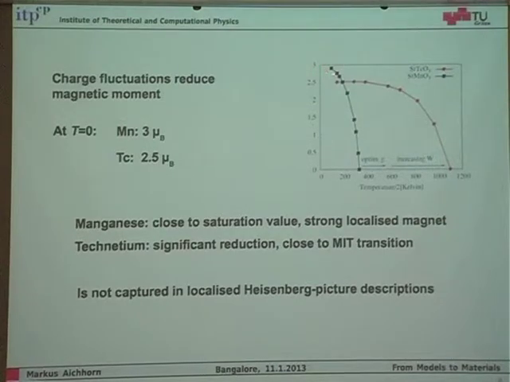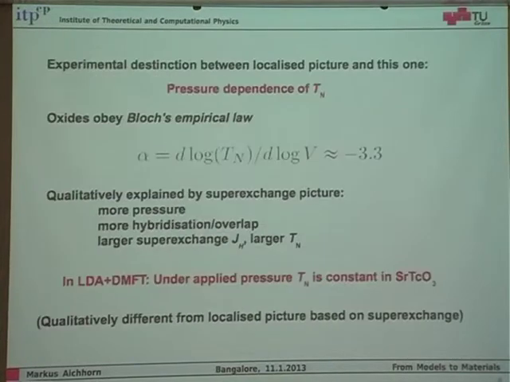So this is really a purely saturated localized system. This is not. And the difference between these two things comes from the charge fluctuations because it's close to a metal insulator transition. And this is not captured in a Heisenberg like localized moment description, this reduction of the moment.